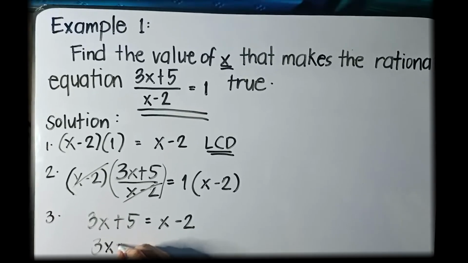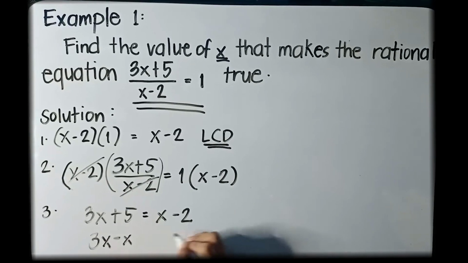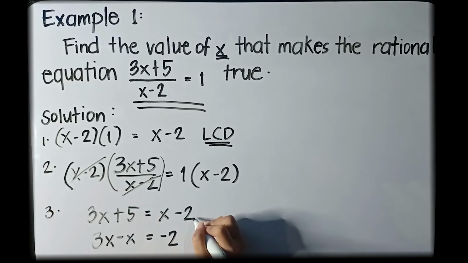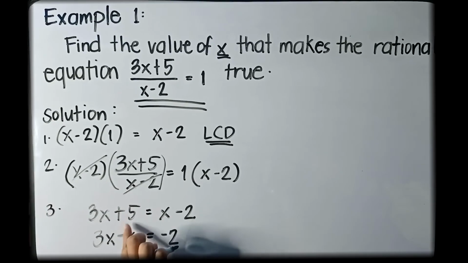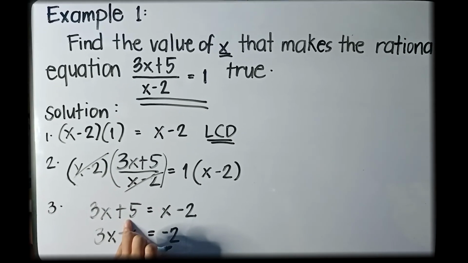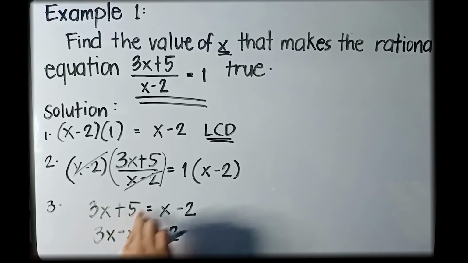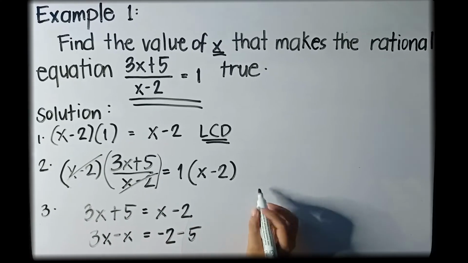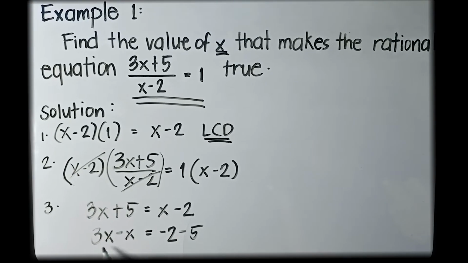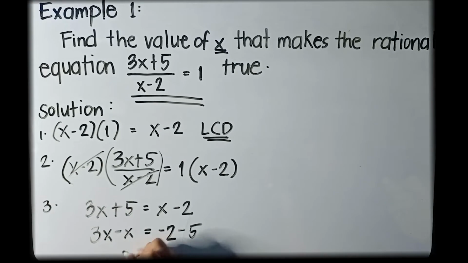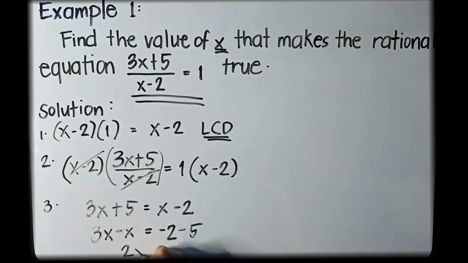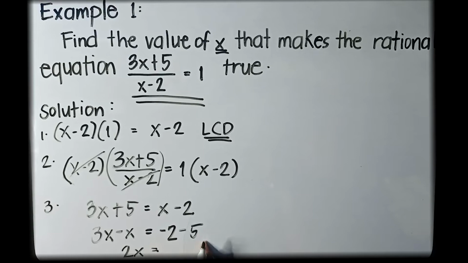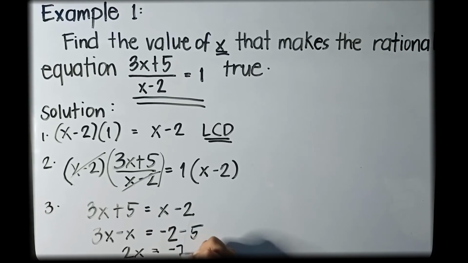So we have negative x here equals negative 2. Just copy the negative 2, then transposing the constant on the left side, we have positive 5, and when we transpose it, it becomes negative 5. Now, we have 3x minus x, which is 2x, equals negative 2 minus 5, which is negative 7.